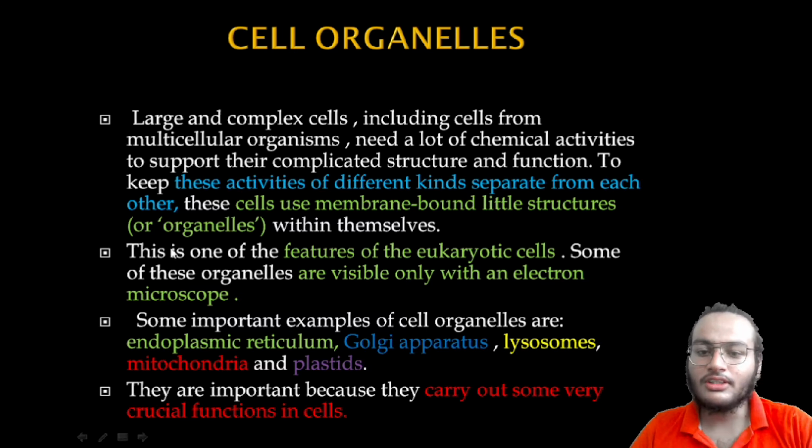Cell organelles are a feature of eukaryotic cells, and some of them are only visible with an electron microscope because they are that small. Examples of cell organelles are endoplasmic reticulum, Golgi apparatus, lysosomes, mitochondria, and plastids. They are important because they perform very crucial functions in the cell.